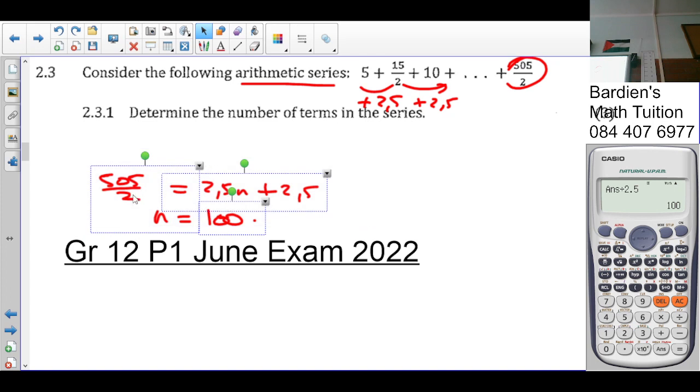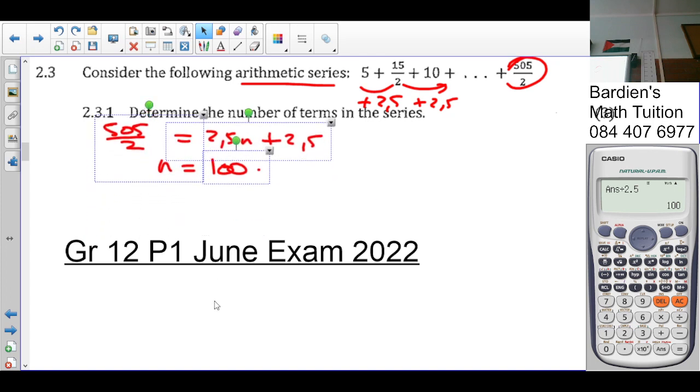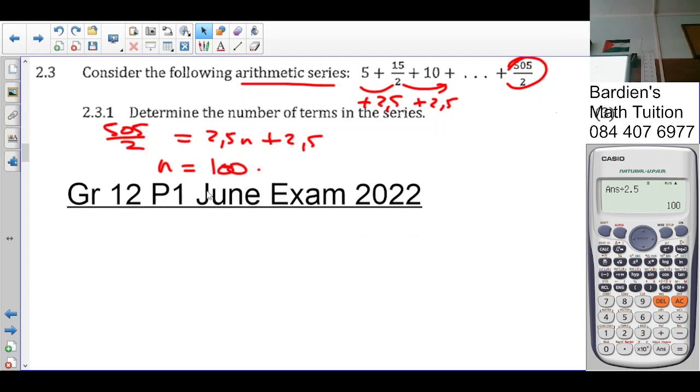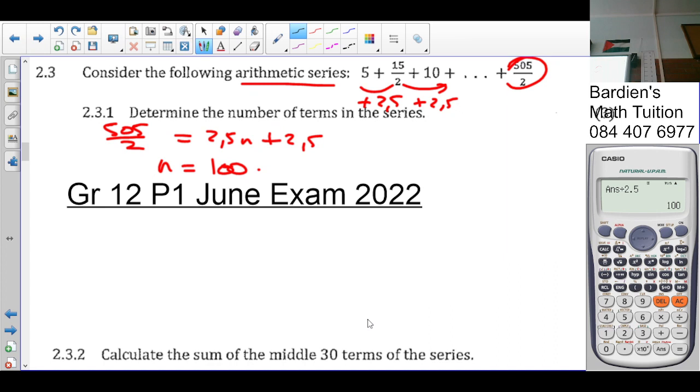Remember, there's 100 terms there. So if you look at how many terms are here, of course there's 1 to 100 terms. The question says calculate the sum of the middle 30 terms.